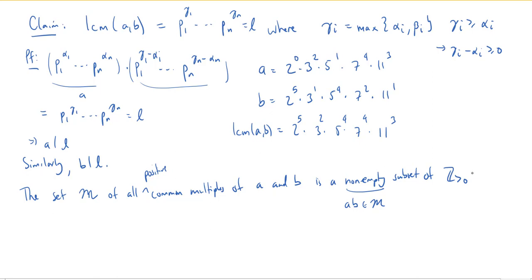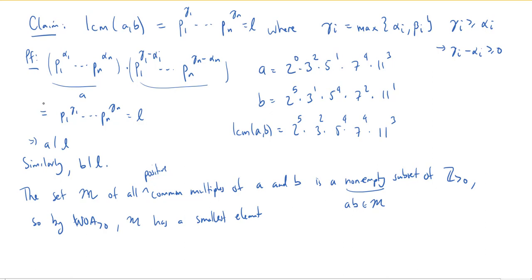Okay, so by the well-ordering axiom, M has a smallest element. And because it is a multiple of both A and B, then we know that when we write down a prime factorization, it has to contain all of the primes P1 through Pn.